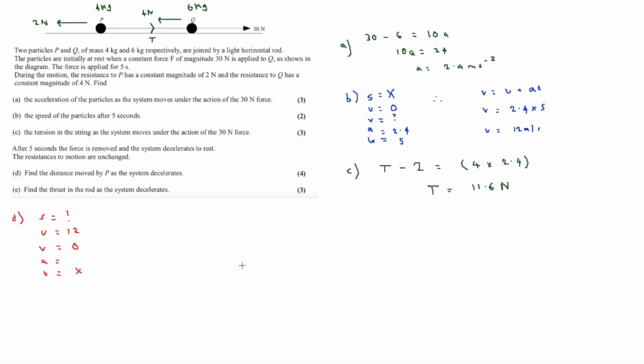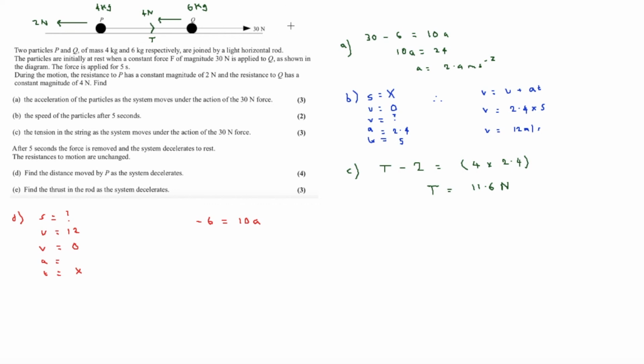So if we're going to work out A, we can find out that minus 6 is going to equal 10A. Now again, we're treating it as a whole system, and we know it's going to be minus 6 because we have this 2 newtons back, 4 newtons back, and we don't have any of this 30 newtons.